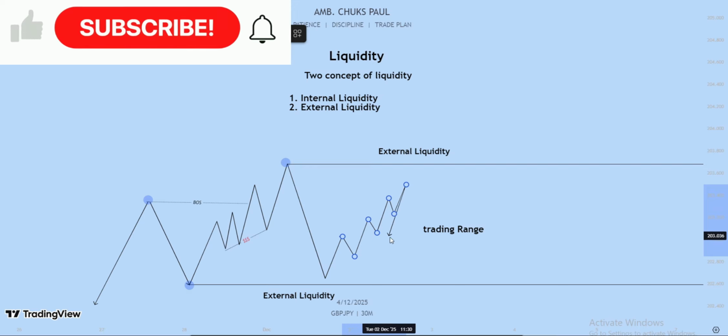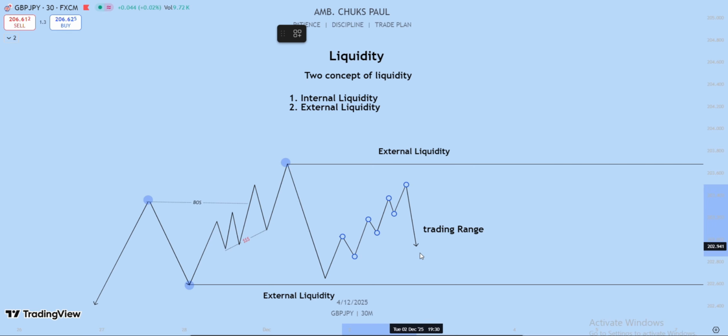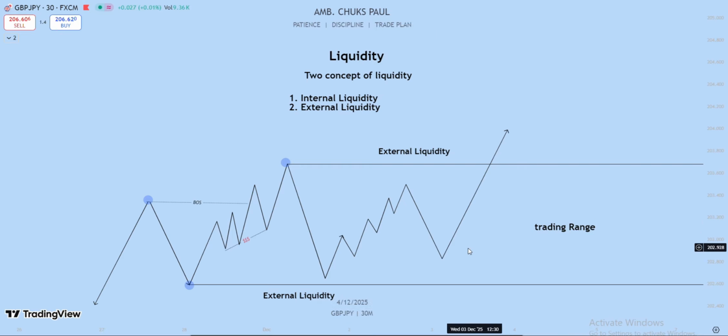Sorry, not external, internal liquidity. Whatever price is building inside here is known as internal liquidity, until price takes out this external one, which is our major focus, right? Remember, inside your trading range, you are anticipating to trade from this low to this high. That's your trading range, right? Then whatever price is forming inside your trading range is known as internal liquidity.